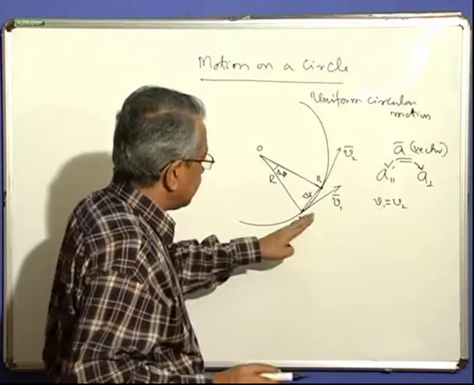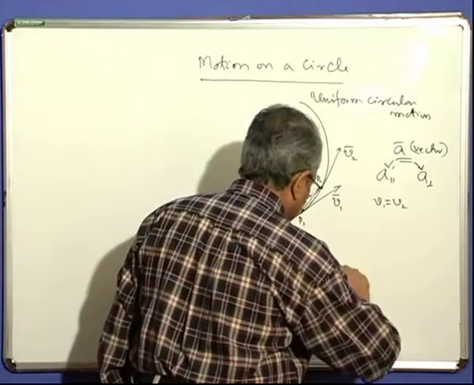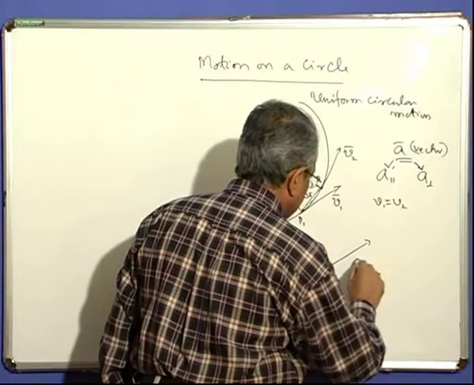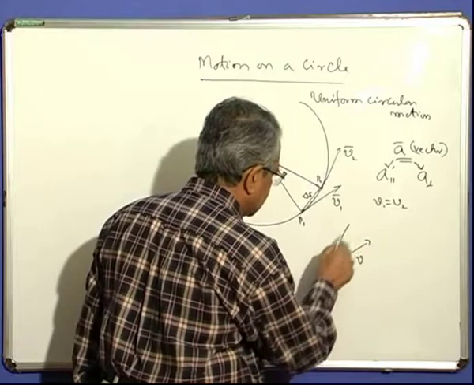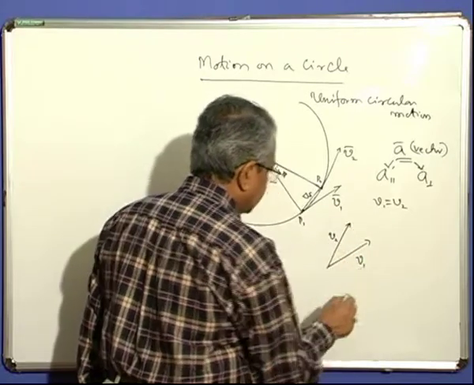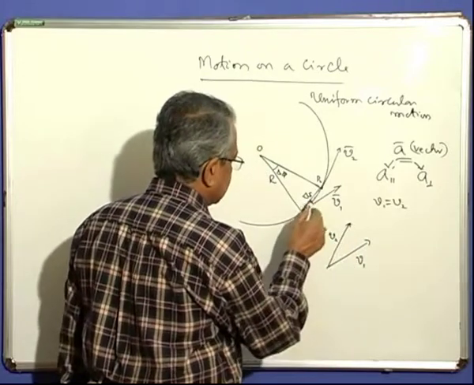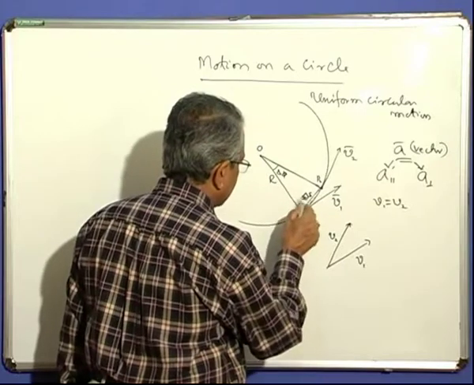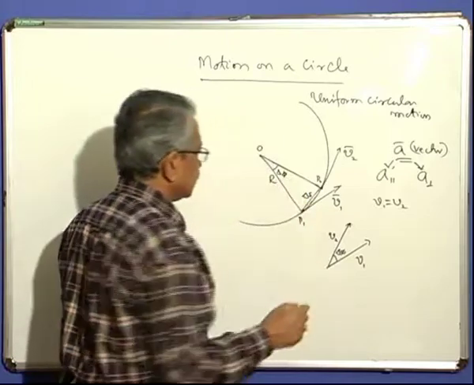In this case, if you represent the velocities V1 and V2 on a vector diagram, drawing a line parallel to V1 and a line parallel to V2, you know both are equal, and the angle between them is nothing but delta phi, because this change is coming because of that angle only.